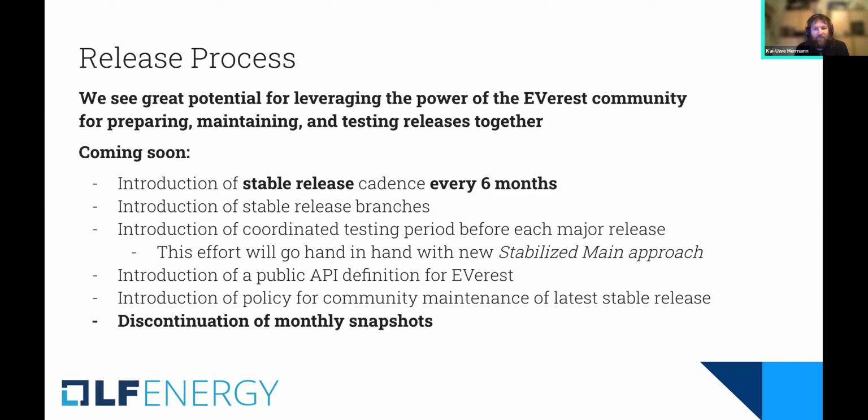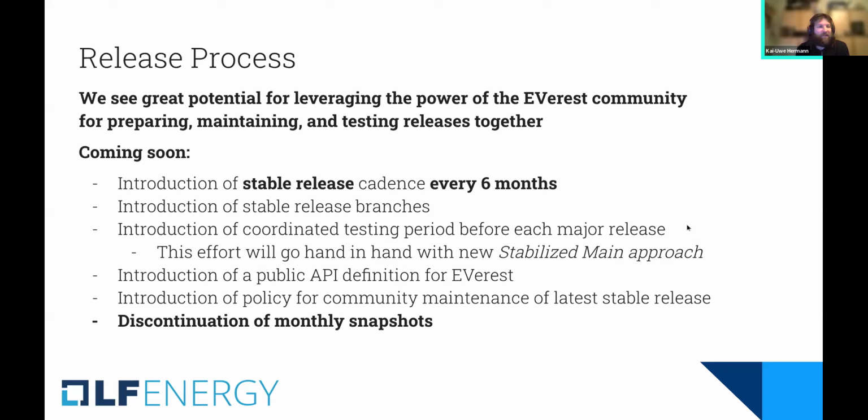As I already mentioned before, what makes this stable release cadence interesting is that we now have a public API definition to program against EVerest, where we can also give some guarantees. And as I already mentioned in the beginning, there is now basically a policy of some form of community maintenance for the latest stable release.